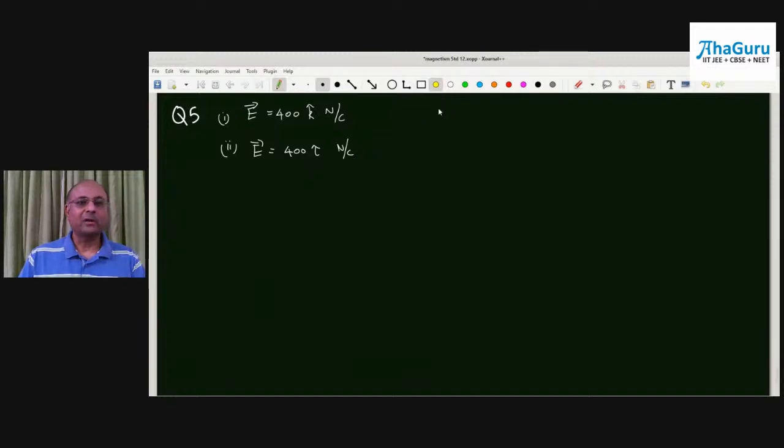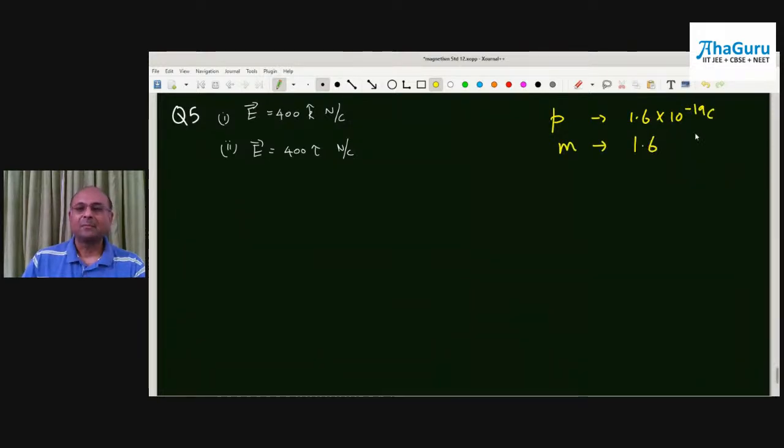A proton is moving with a velocity of 5 I cap. Whenever you have a proton, you just say the charge of the proton is 1.6 into 10 to the power of minus 19 coulombs. Mass of the proton is 1.67, but I will just call it 1.6 into 10 to the power of minus 27 kilograms. So this is the charge of the proton and this is the mass.